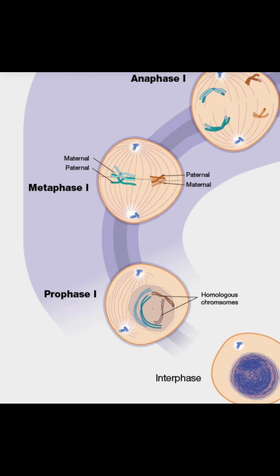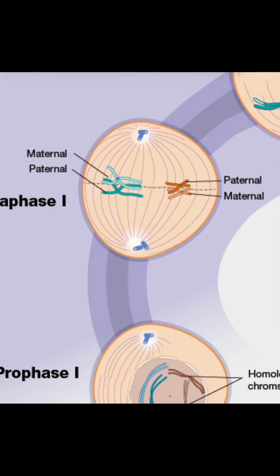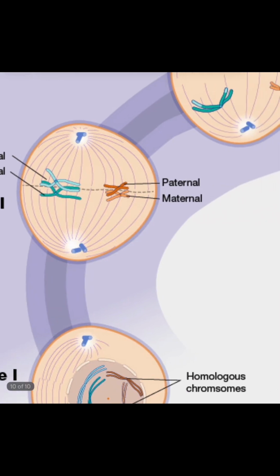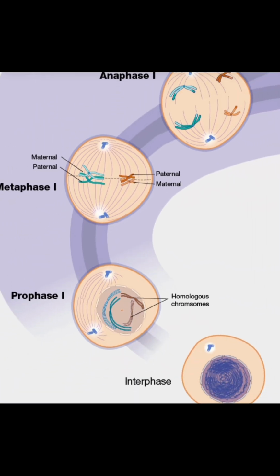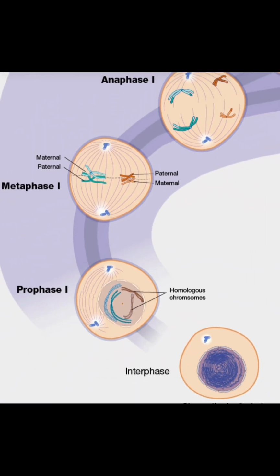Those homologous chromosomes pair up and the non-sister chromatids exchange segments of DNA at points called chiasmata. So the points where they cross over, we can see there's one there on those blue chromosomes and there's one on the orange chromosomes. That exchanging of genetic information increases the genetic diversity of the gametes.